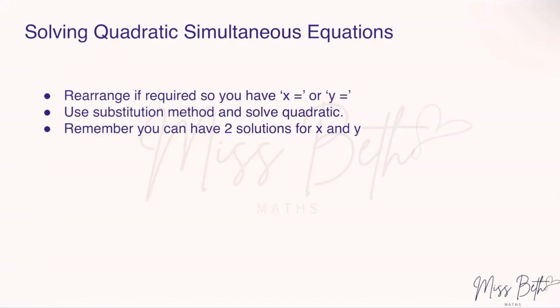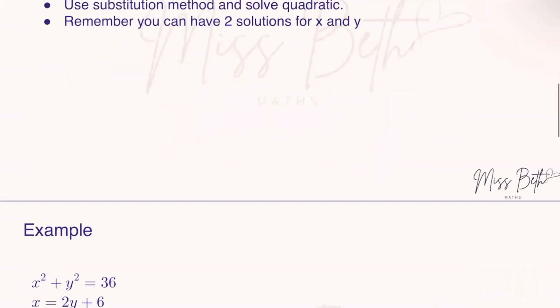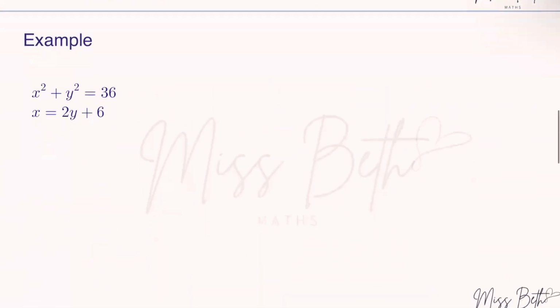Okay, and then with that, what you need to remember is these are quadratics, so you're going to have potentially two different solutions for x and two different solutions for y. Okay, it may happen that you only have one solution. It just depends on the question, basically.